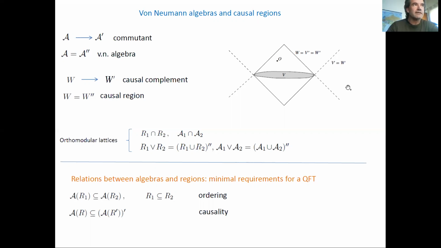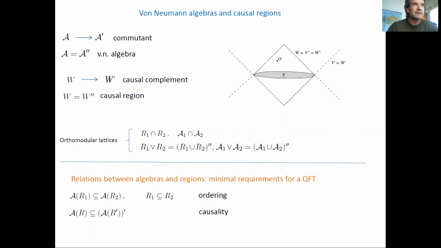And again, we will call a causal region a region like this W, this diamond here, which is equal to the double causal complement. So the complement is all this, and the complement of the complement is this diamond. So this region V will generate this diamond here doing the double causal complement.